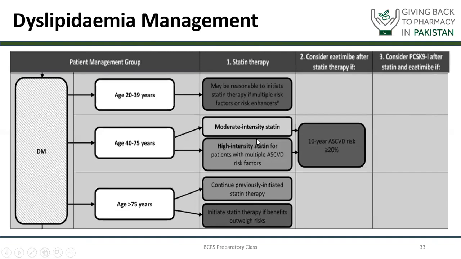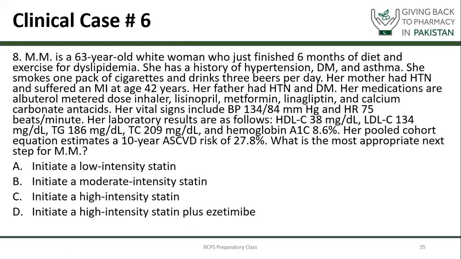Then if the patient has multiple risk factors, high intensity statin therapy is recommended. Moderate intensity statins are only recommended if the patient's ASCVD score is less, like 10%, 7.5%, but this patient has already 27.8 ASCVD risk.